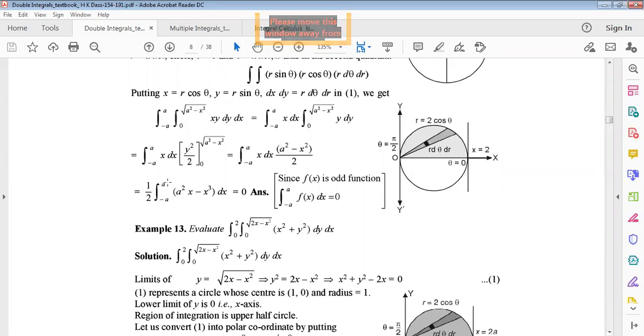The limit will be minus a to plus a, and this whole function is an odd function. Remember, f of x is an odd function if f of minus x equals minus f of x. That means if we replace x with minus x, then the functional value changes sign. So this value will be 0.